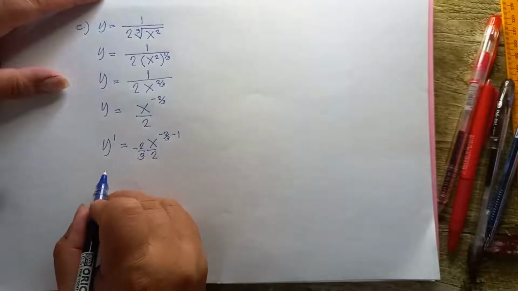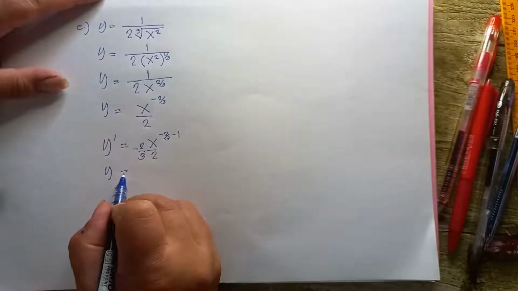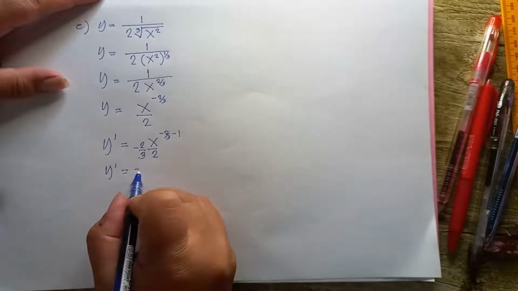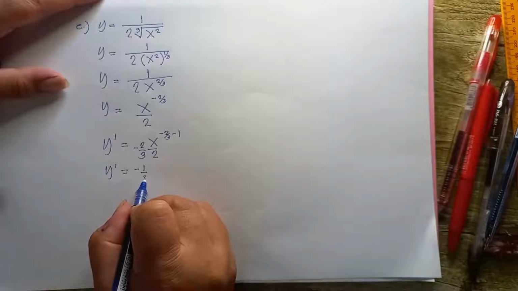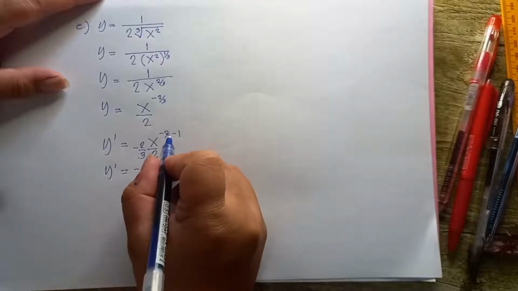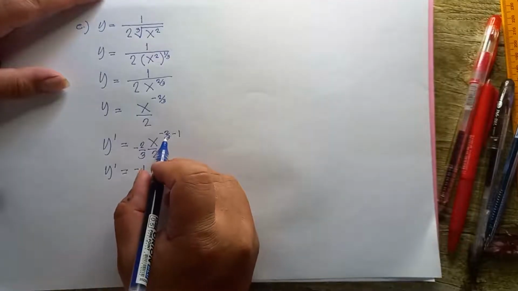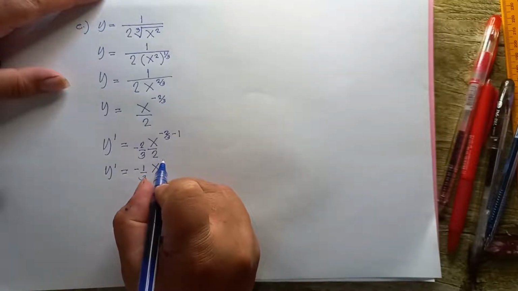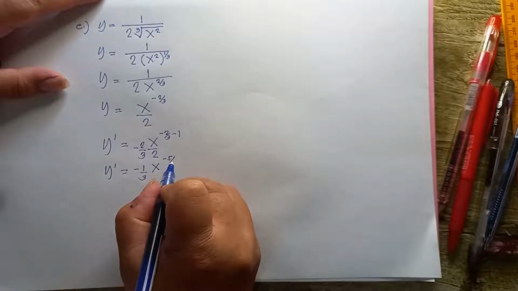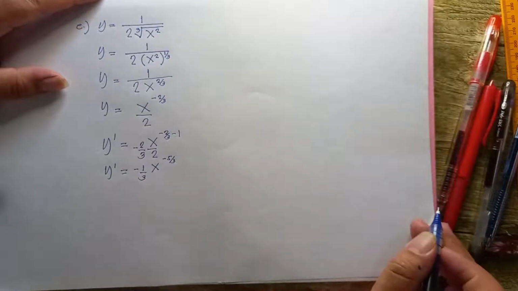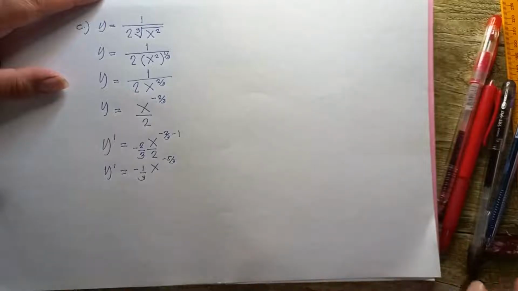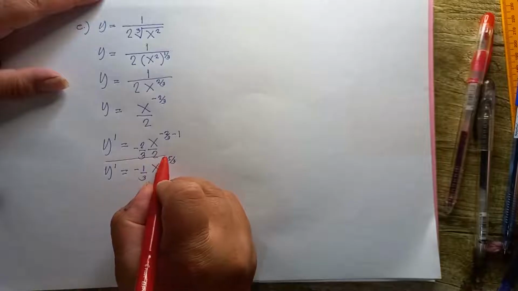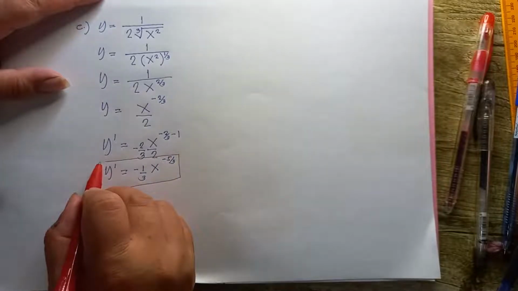So that we have here the next statement, y prime: negative 2 over 3 divided by 2, that is negative 1 over 3 x. Now, how about the exponent? That is negative 2 over 3 minus 1. That is the same as negative 5 over 3. Now, we have that as the derivative.